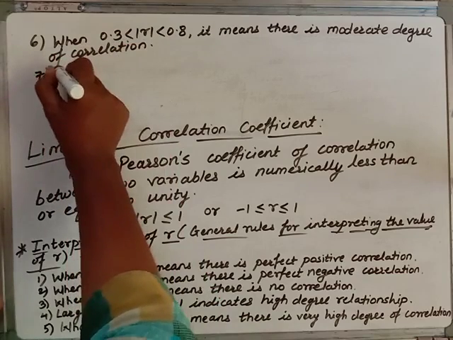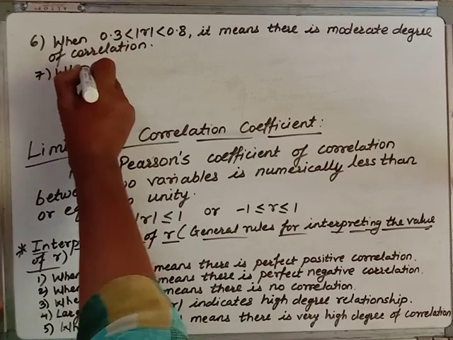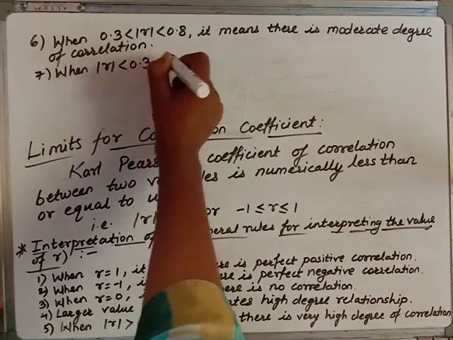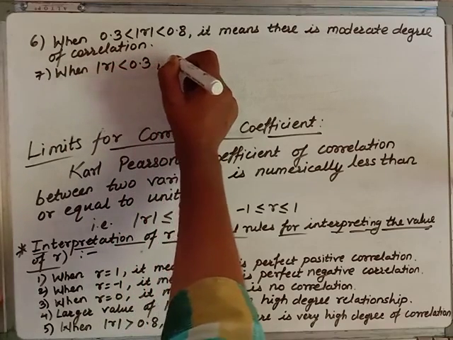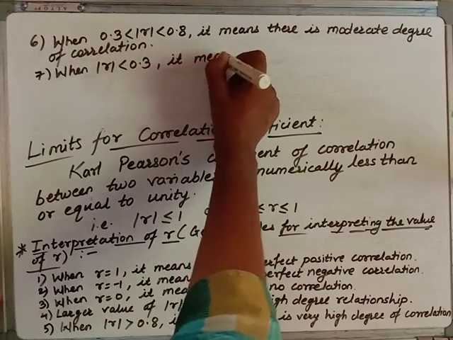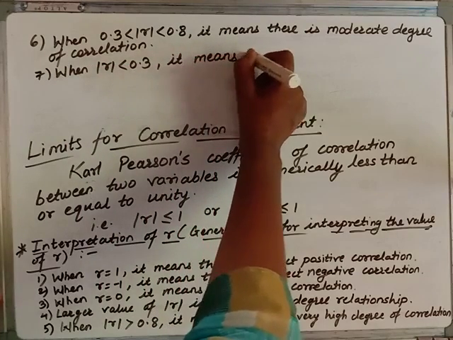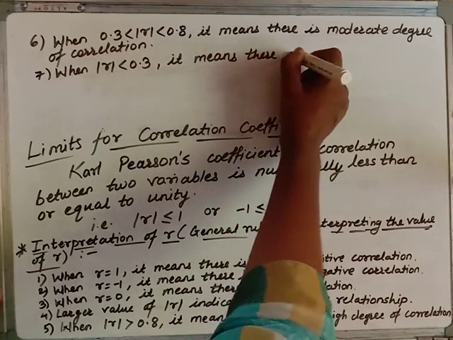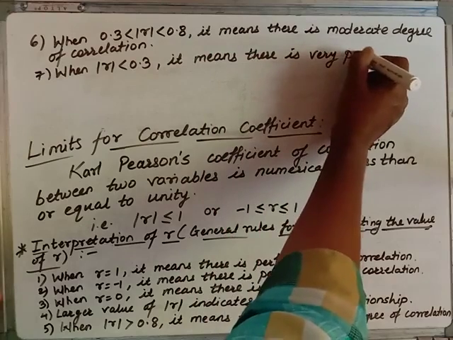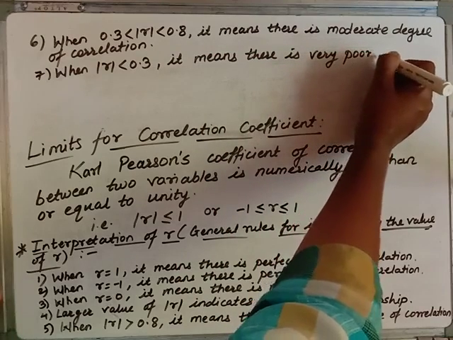Then next, when modulus of r is less than 0.3, it means there is very poor correlation.